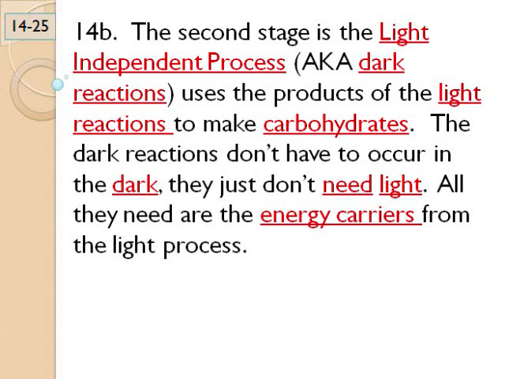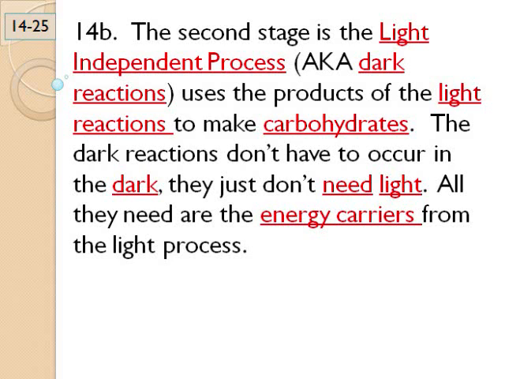Now, let me ask you a question before I go any further. What gas does a plant breathe in? Carbon dioxide. Doesn't really breathe, but you know what I mean. Now, do you remember the three elements that are locked into a molecule of glucose? What are the three elements? Carbon, hydrogen, and oxygen. Okay, the carbon and the oxygen come from carbon dioxide.